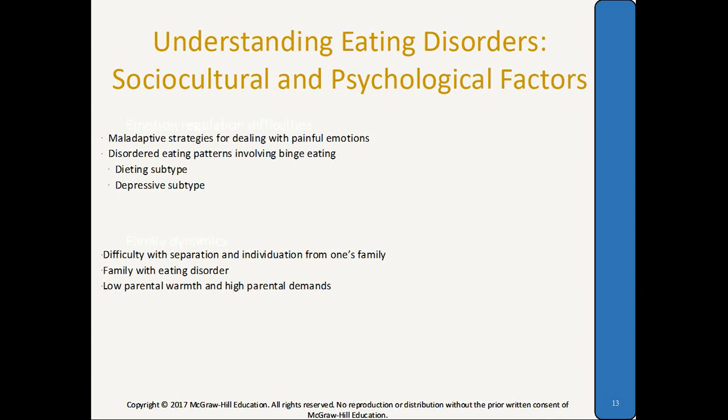We also see that sometimes the disordered eating patterns that involve binge eating might have actually developed through different dieting techniques, in which a person may have had some success in losing weight, and then that becomes a maladaptive way to manage weight going into the person's future. We also see in a lot of disorders that involve mood, particularly depression, that coping with depression often results sometimes in individuals engaging in overeating patterns.